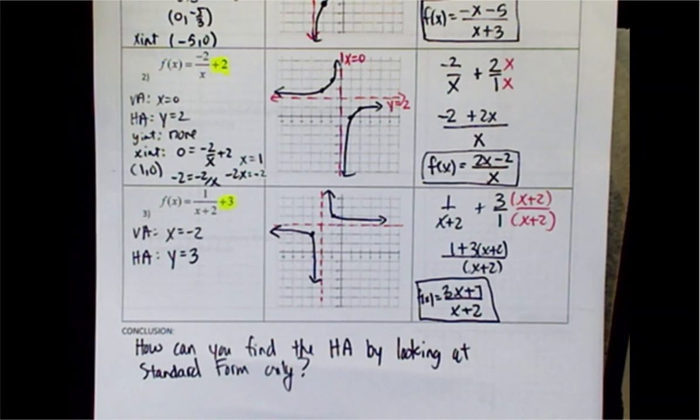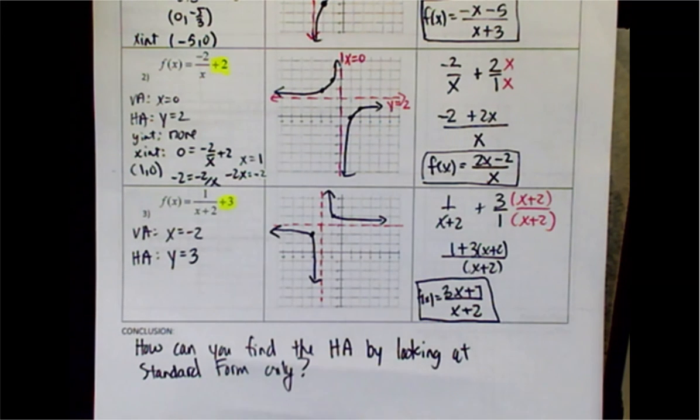Okay, and here's your leading question. How do you find end behavior for polynomials? You look at infinities. Guys, this is a ratio of polynomials. How do you do end behavior in polynomials? What do you look at?